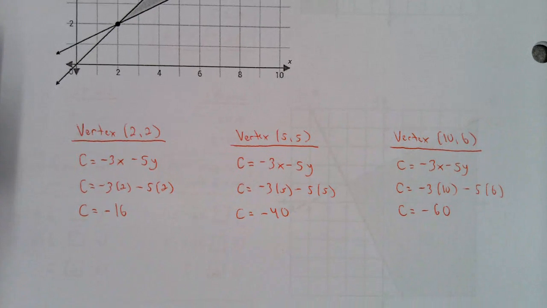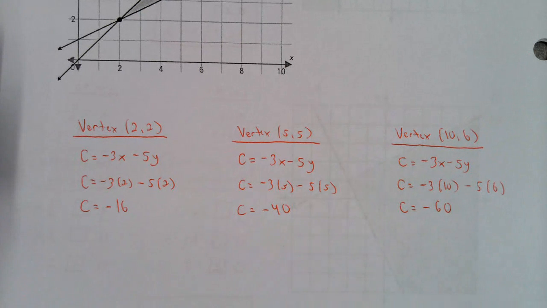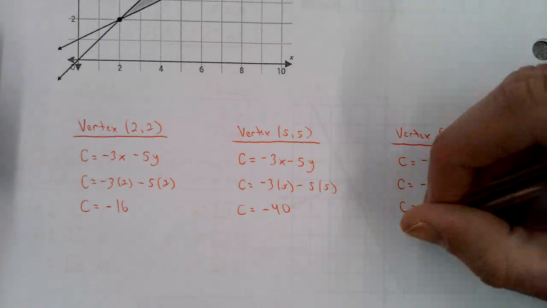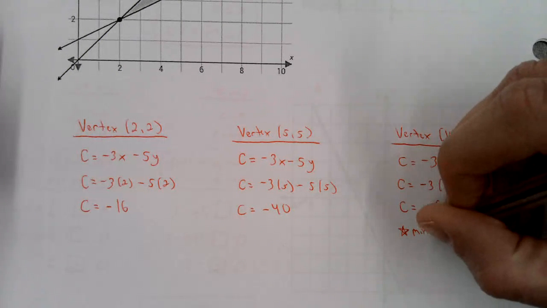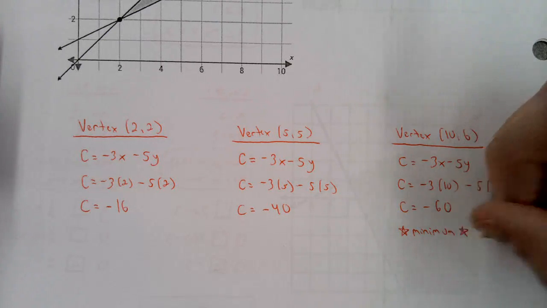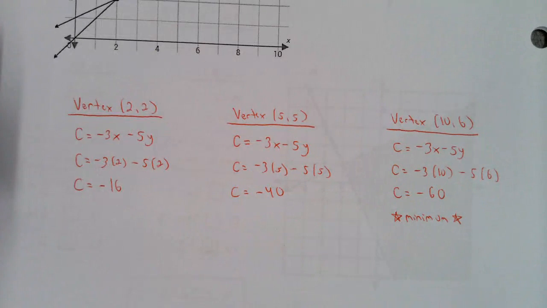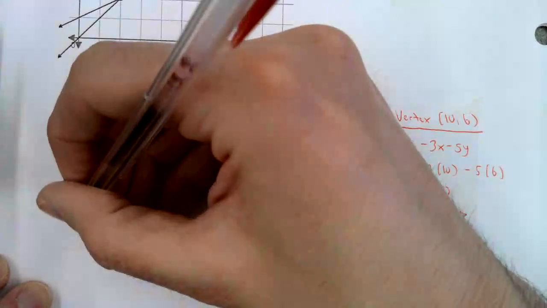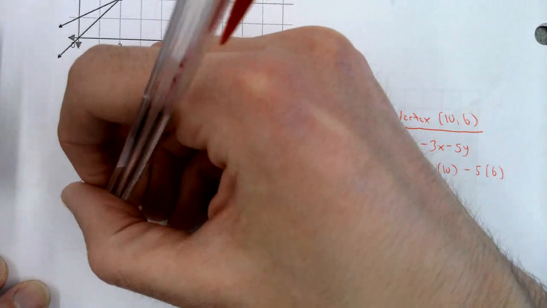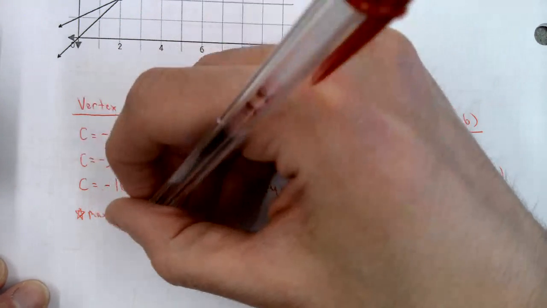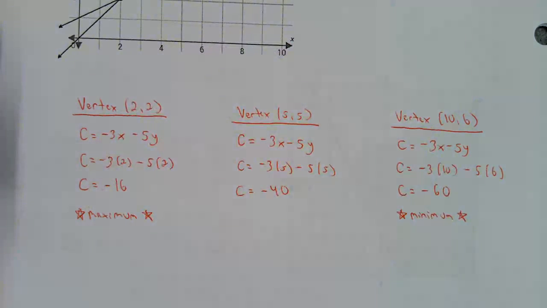And now let's see what the maximum and the minimum are. Okay, so negative 60 is the smallest number there, so that's going to be the minimum. And believe it or not, negative 16 is the biggest one, so that's going to be the maximum. Let's write that out, 2 sentences.